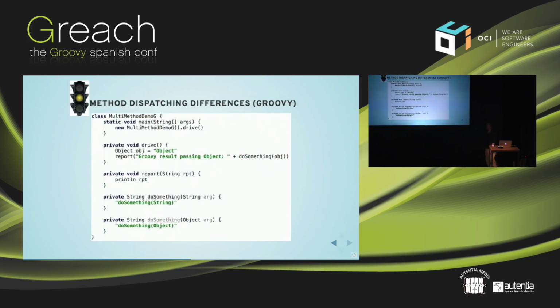But when we look at Groovy, Groovy doesn't decide which method to call until runtime. And so when this happens with Groovy, by the time we get to this execution of do something, Groovy says, what do I have here? Oh, I have a string. It's going to call the do something that takes a string. So this is a very subtle side effect of the dynamic method dispatch that's happening.